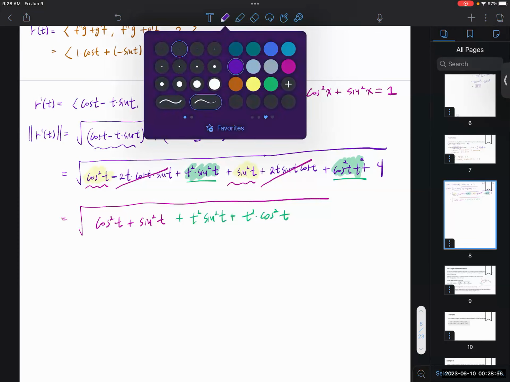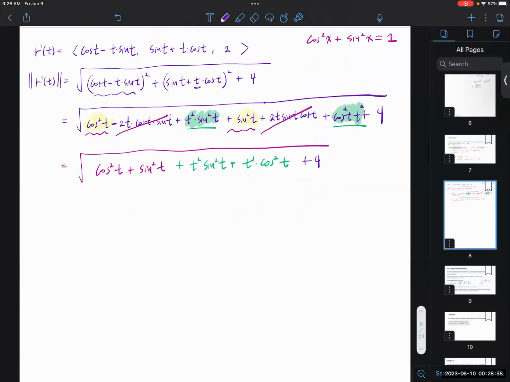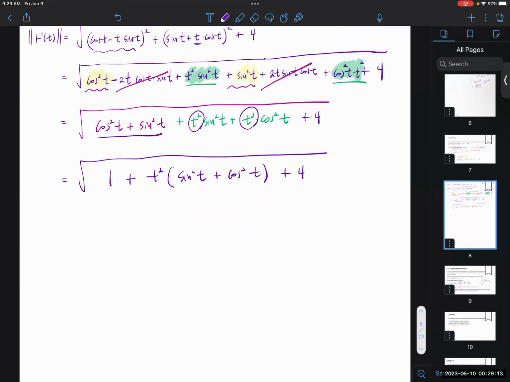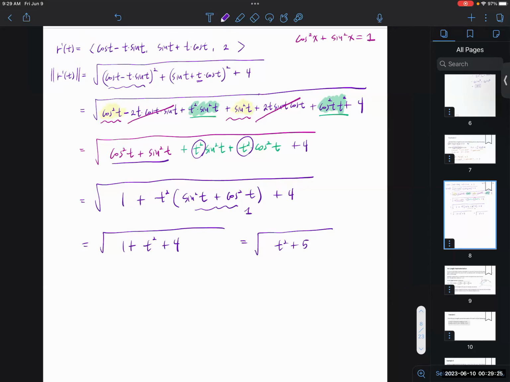And we have plus 4. So this is going to be 1, and t squared, I can combine it. Again, sine squared t plus cosine squared t is going to be 1. So we have 1 plus t squared plus 4, gotcha. t squared plus 5 is the magnitude of r prime.